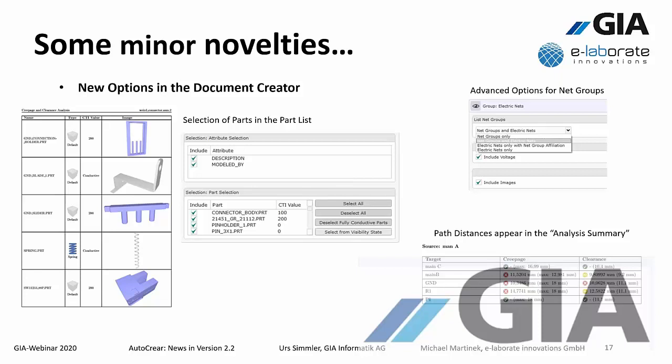Other minor novelties include some new options in the documentation creator. For example, the part list, which automatically generates a list of all the parts in the assembly in the document, can be reduced.